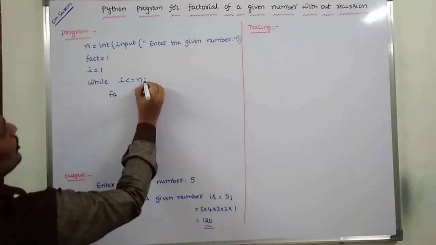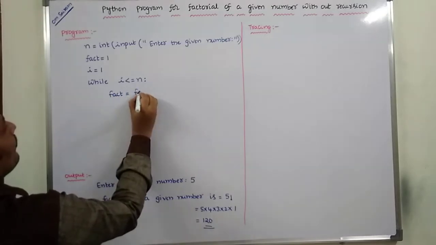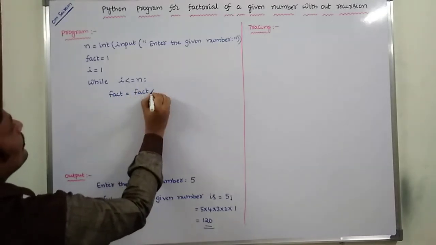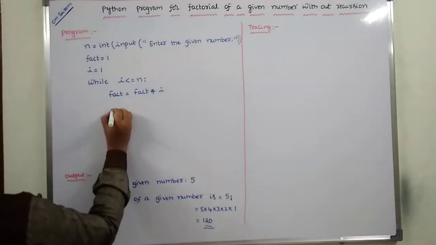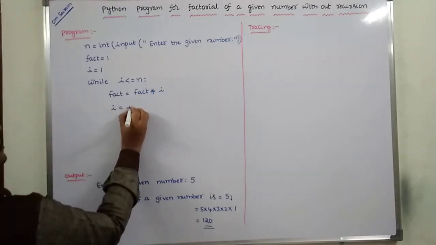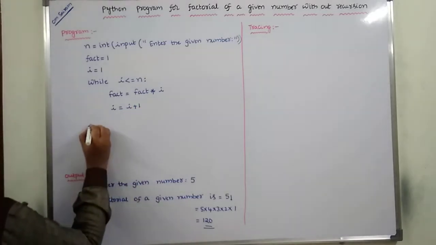So here we have to put a colon. fact is equal to fact into i. Next one, i is equal to i plus 1.